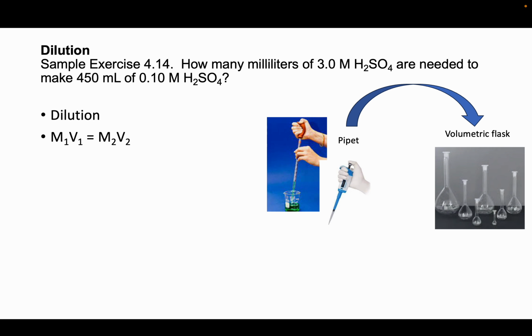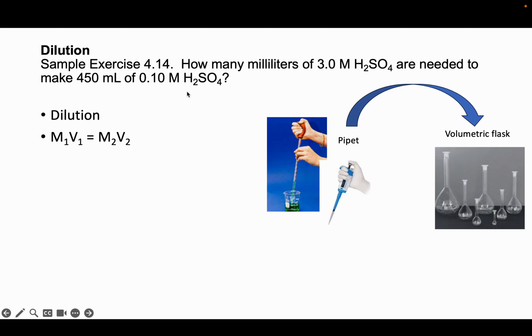Another topic for us here are dilutions. This is sample exercise 4.14. How many milliliters of 3 molar sulfuric acid are needed to make 450 milliliters of 0.10 molar sulfuric acid? Notice the concentration is changing there. We have initially a 3 molar solution, and we're looking to make a 0.1 molar solution.